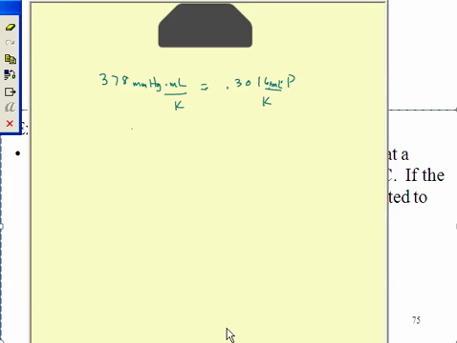Okay, so now I've rewritten my problem, and what I want to do is I want to divide both sides by this factor right here, 0.3016 milliliters over Kelvin. So then I'll know exactly what my pressure is. So I'm going to divide both sides by 0.3016 milliliters over Kelvin.